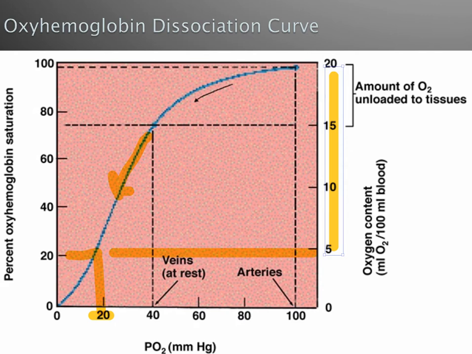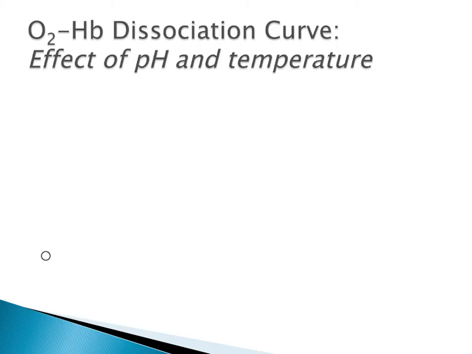But you know what? If I'm at VO2 max, I don't even want 5 mils of oxygen going back to the heart. I don't want the hemoglobin to be 20% saturated. I would like to drop off even more oxygen at the working muscles.